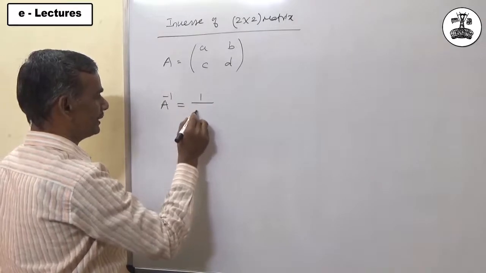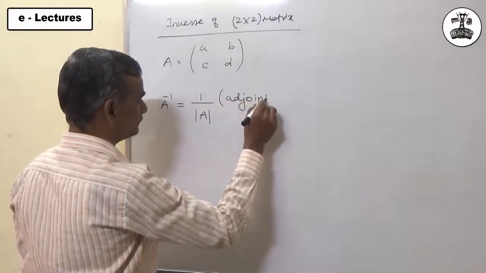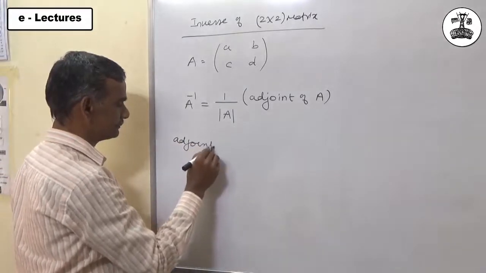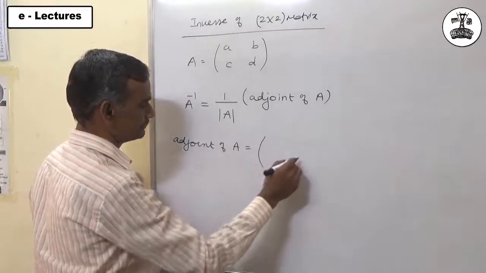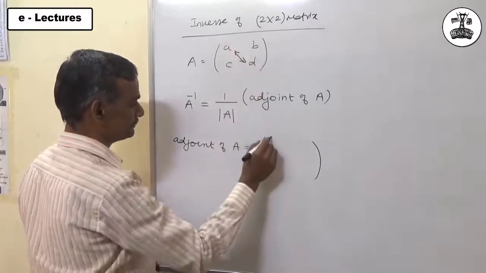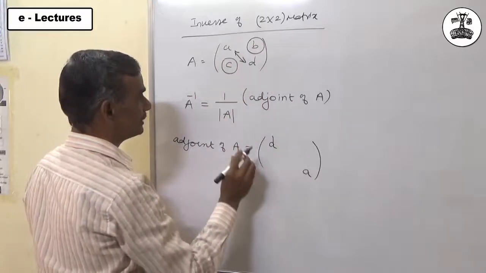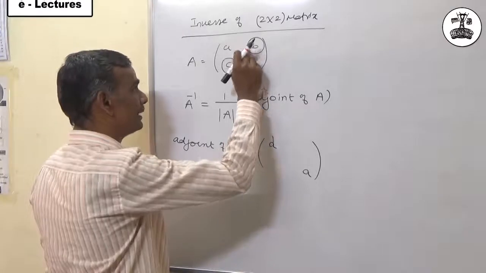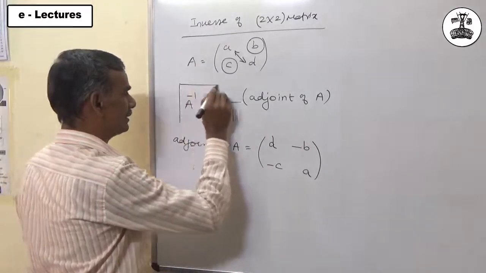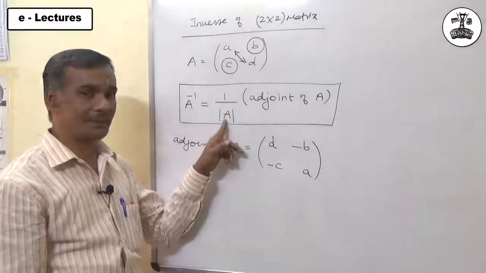This is equal to 1 by determinant A into adjoint of A, where the adjoint of A is: interchange the elements A and D, change the sign of B and C. So A inverse குறித்த formula வந்து A inverse equal to 1 by determinant A into adjoint of A. So determinant A நமக்கு ஏற்கனவே கண்டுபிடிக்க தெரியும்.